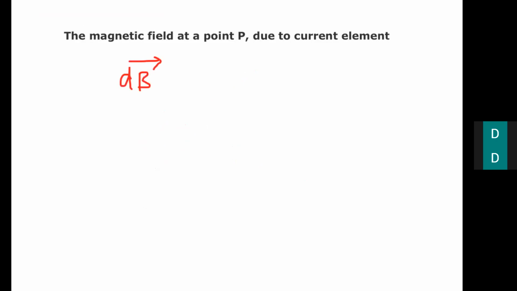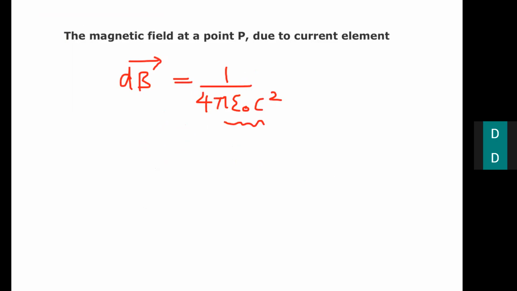B, the magnetic field, is a vector quantity, and dB is equal to 1 upon 4 pi epsilon 0 c square. Some of the thinkers might question why there is the presence of epsilon 0 c square.